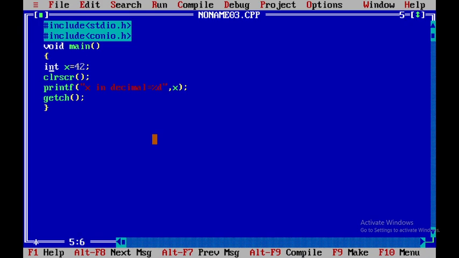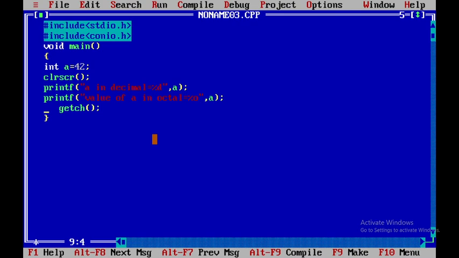Instead of x I am writing here a, variable a. Now if you want to print this value of a in octal, just write down here printf the value of a in octal, that is decimal to octal is equal to, and write down %o to print a value in octal.